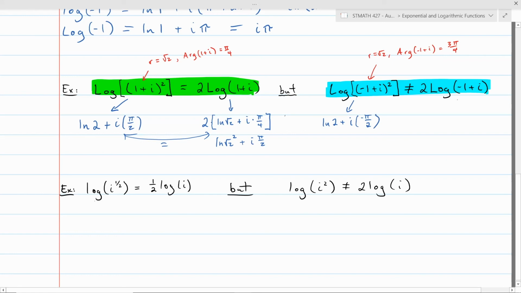But on the other side, you'd get 2 times the natural log of square root of 2, but then I times the argument of negative 1 plus I, which is 3 pi over 4. And these are not equal.